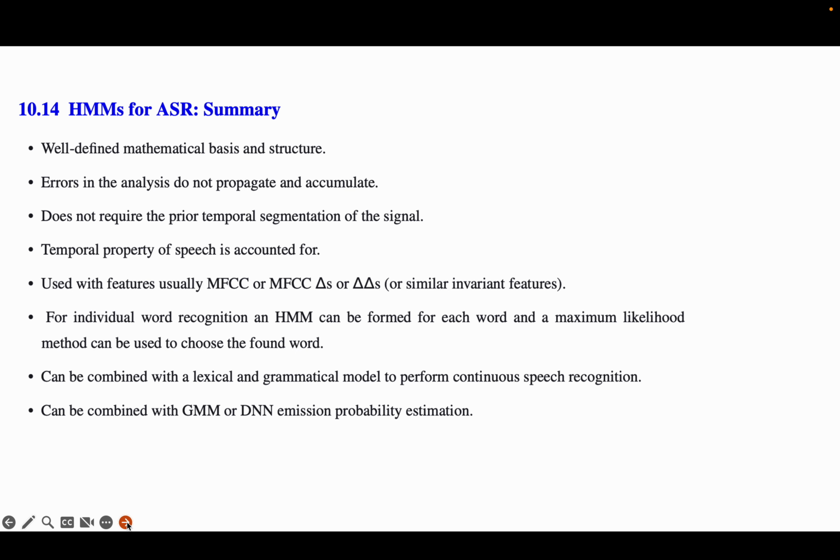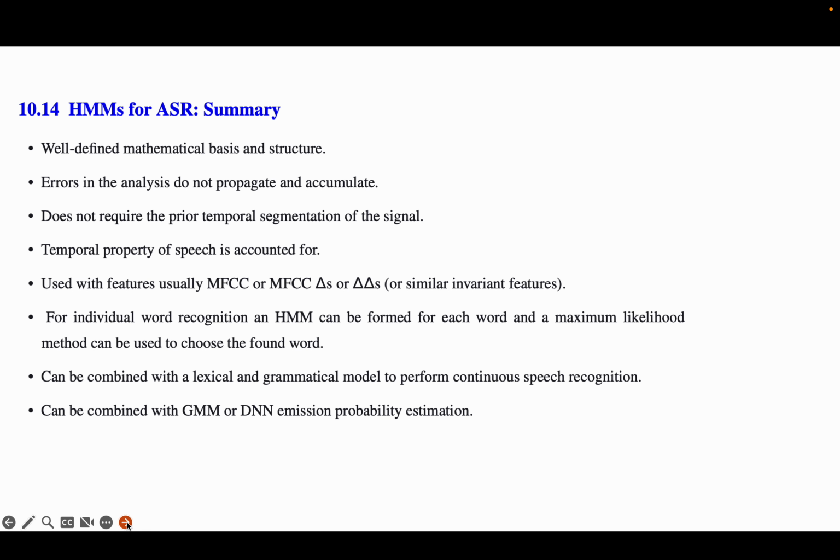It does not require prior temporal segmentation of the signal. The temporal property of speech is accounted for, and it's used with features like the MFCCs, the MFCC delta or delta delta, or other invariant features that do not change a great deal from speaker to speaker.